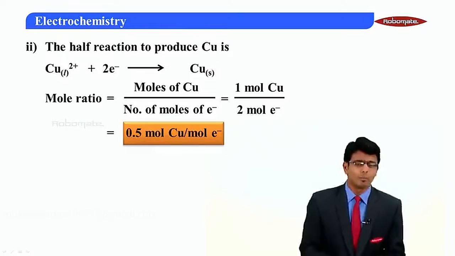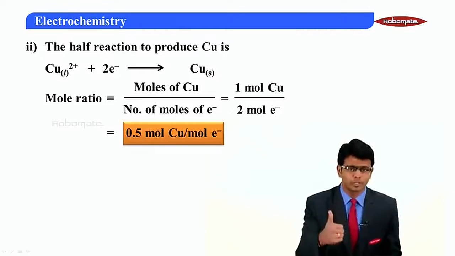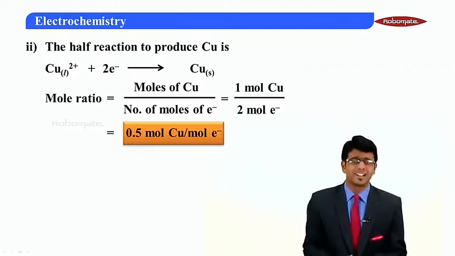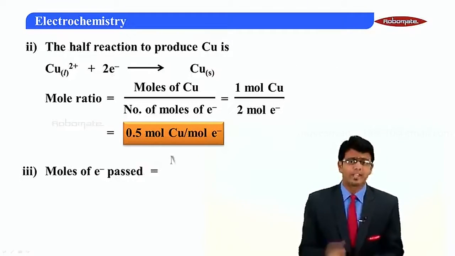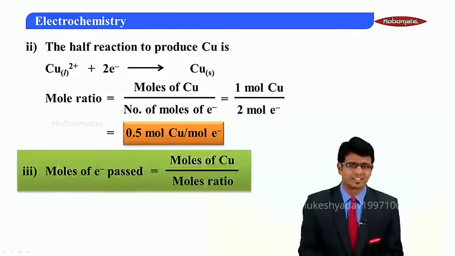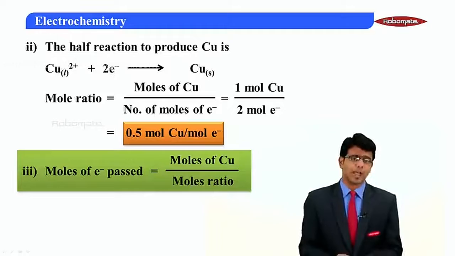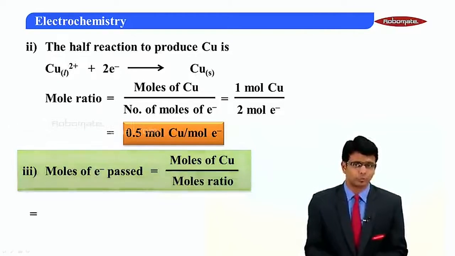So now we have found both the values, that is moles of copper produced and also the mole ratio of copper. So we will be able to find the moles of electrons passed, isn't it, through this particular formula. So now we simply substitute the values of moles of copper and its mole ratio.